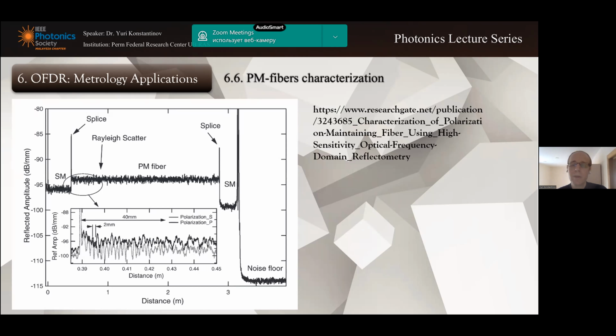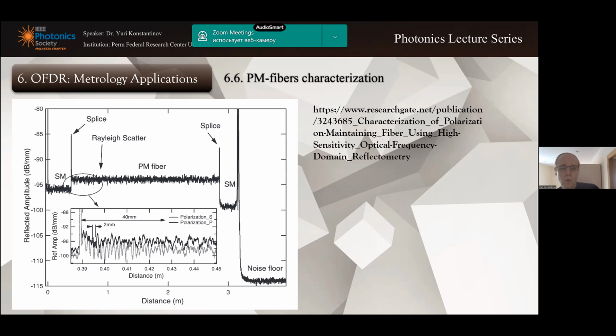And how to measure this? Of course, we could use methods like white light interferometry, but it's rather expensive. And the signal obtained by this instrument is rather noisy, even more than we have here in this OFDR trace. So the best way is to use some back reflection method, I think.